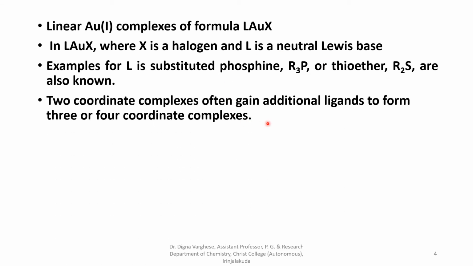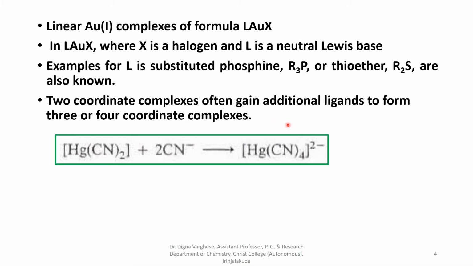Two coordinate complexes often gain additional ligands to form 3 or 4 coordinate complexes. This is a 2 coordinate complex, but often it reacts with other ligands to form 3 or 4 coordinate complexes. Here you can see Hg(CN)2.